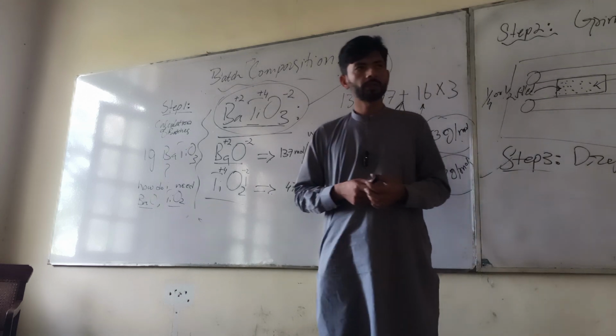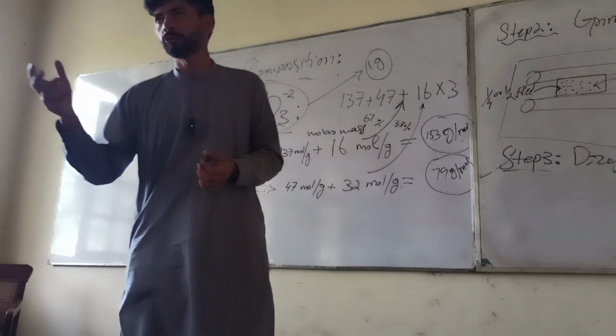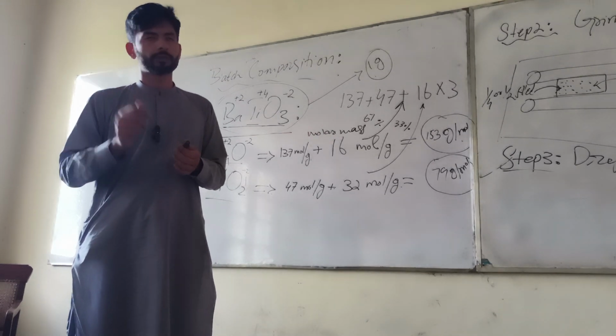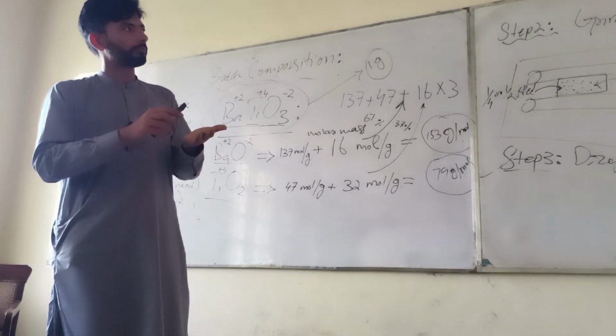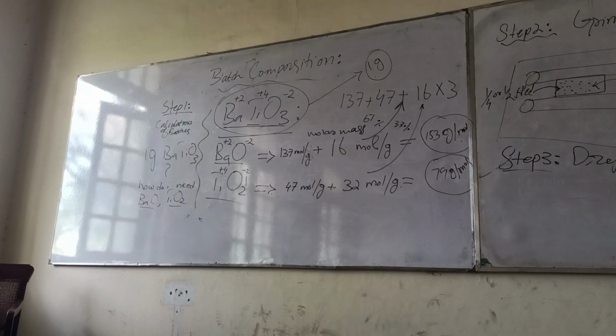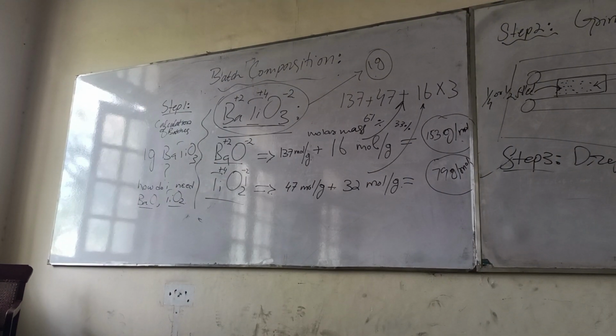Into an oven, and you will get some kind of powder with big or small beads. Then step number 4 is sieving. Sieve this powder with your required mesh size.